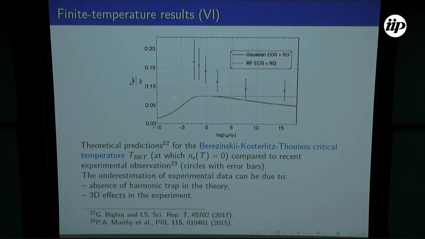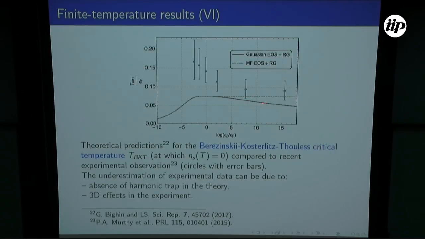And here there is a comparison between some experimental data, these ugly dots with the error bars very large, and our theory, the solid line. Notice that here there is also this dashed line that is superimposed with the solid in this region, in the BCS regime, but then in the deep BEC it is completely different. The dashed line is only mean field plus renormalization group of the superfluidity, and the solid one instead contains also Gaussian fluctuations.